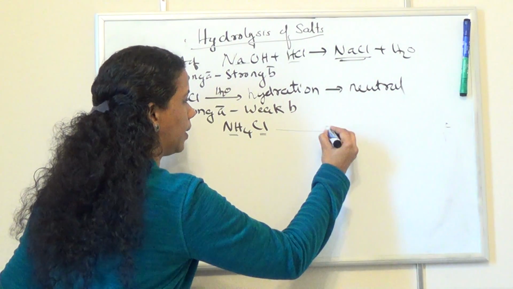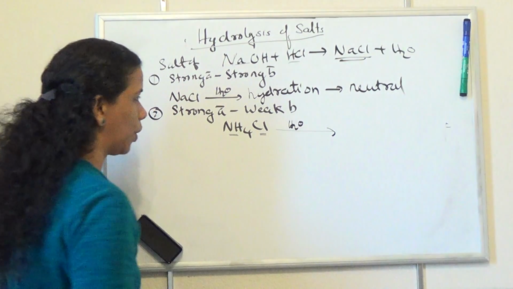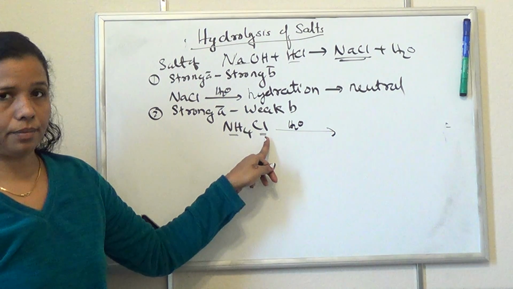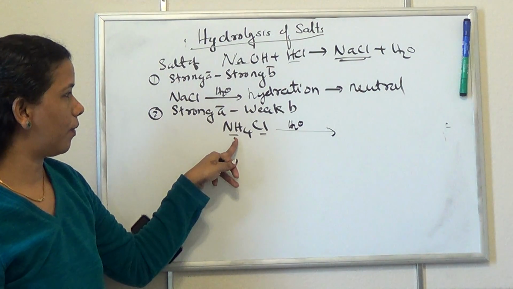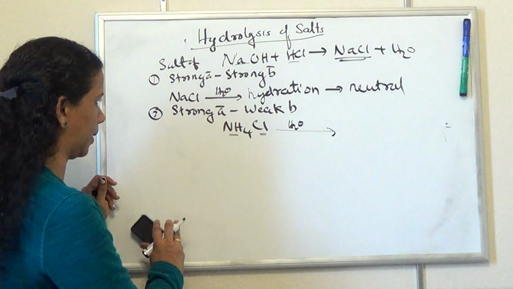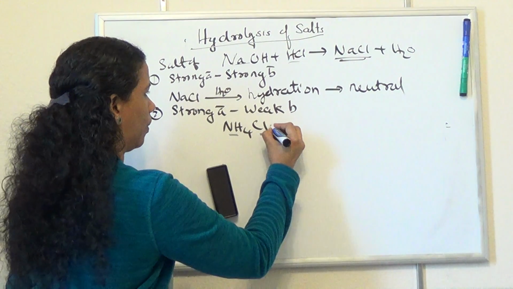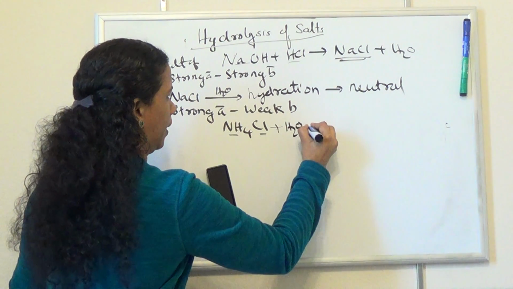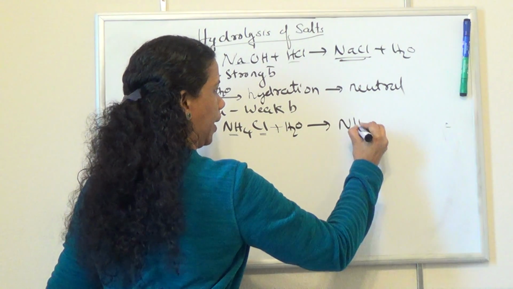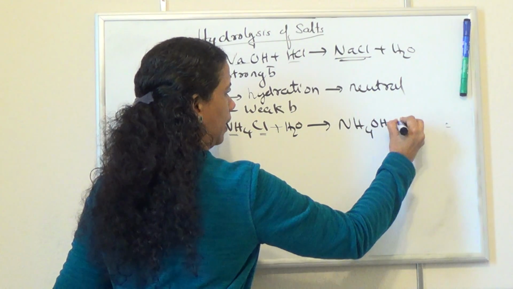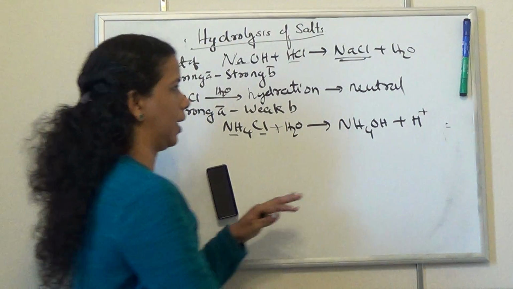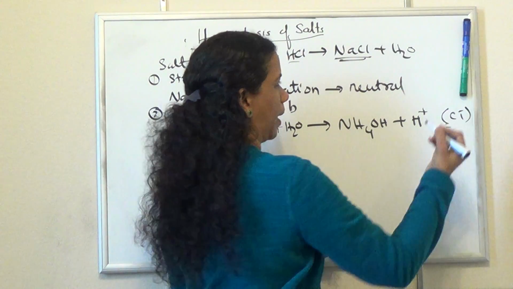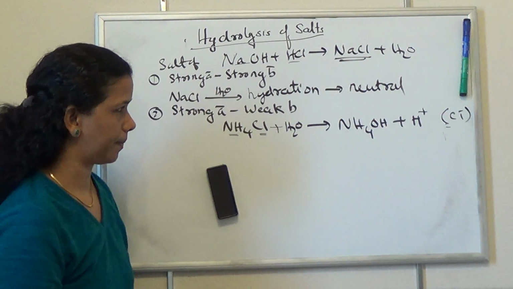On hydrolysis, we know that the part from the strong acid will not undergo hydrolysis, but the other one will undergo hydrolysis. So on addition of water, it will form ammonium hydroxide and H plus ion from water. Then the Cl minus will remain in the solution as hydrate.